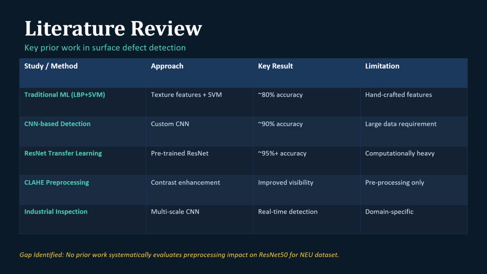More recently, researchers have been using transfer learning models such as ResNet, which have shown excellent results for defect classification, especially when working with limited datasets. Researchers have also found that pre-processing techniques like CLAHE can improve image quality and make defects easier to identify. Based on this, I selected ResNet 50 as my primary model. I will now investigate how image pre-processing affects its classification on this particular dataset.